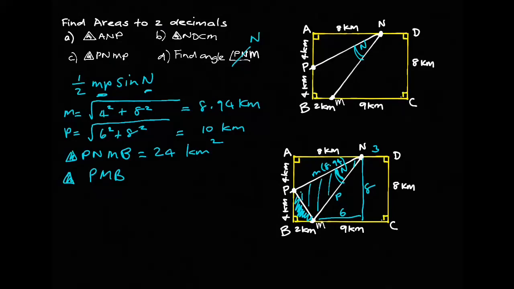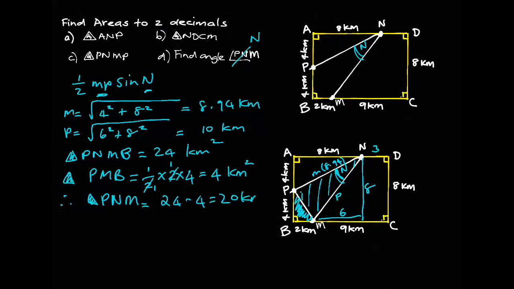Triangle PMB, area equals a half times 2 times 4. They just cancel out. That equals 4 kilometres squared. Therefore, area PNM is equal to 24 minus 4 equals 20 kilometres squared.